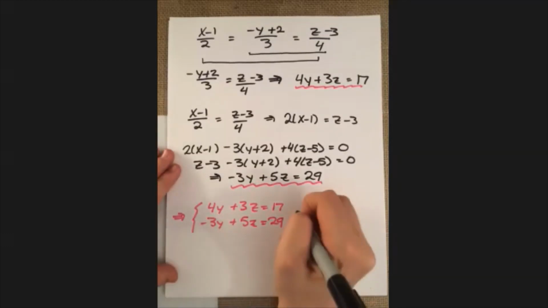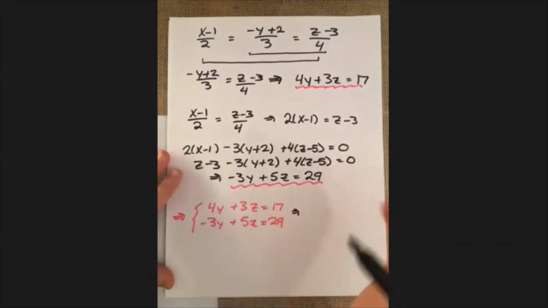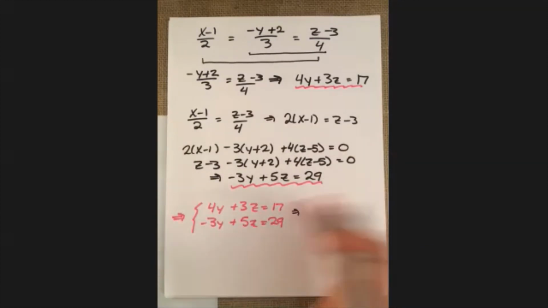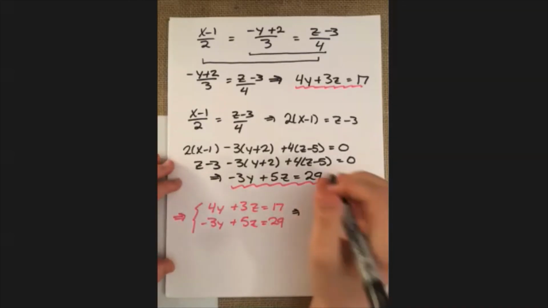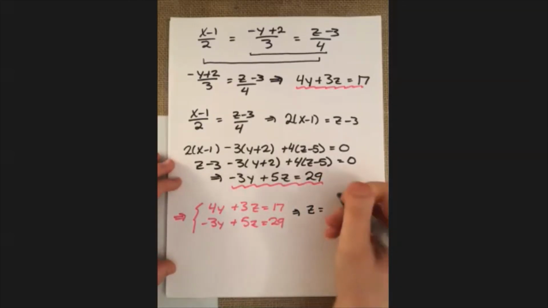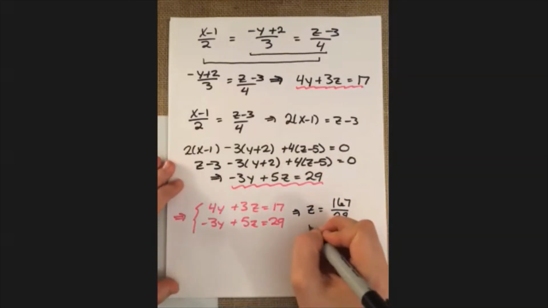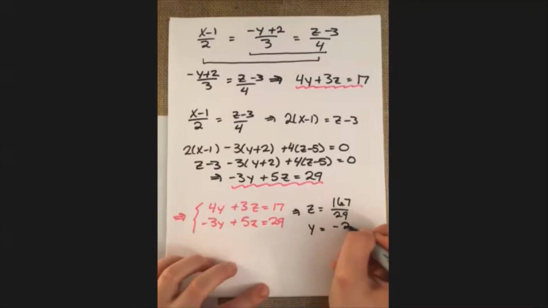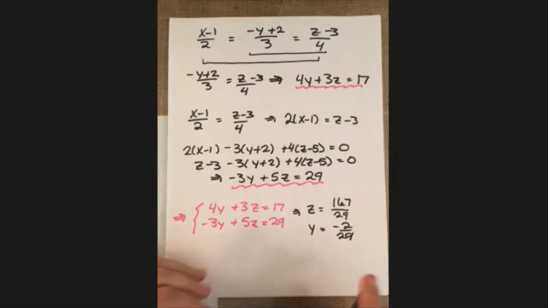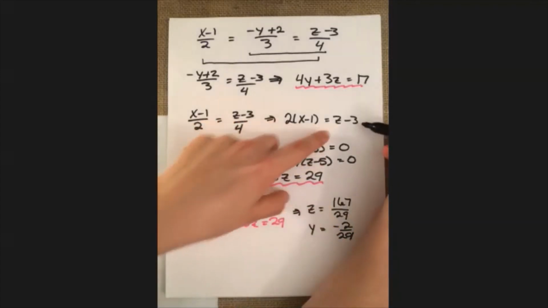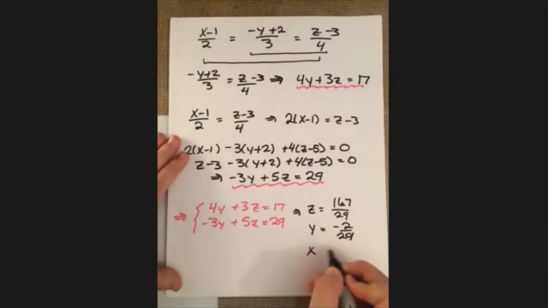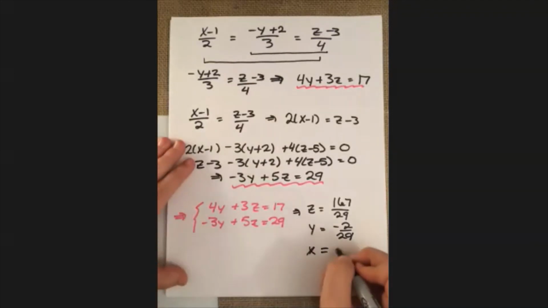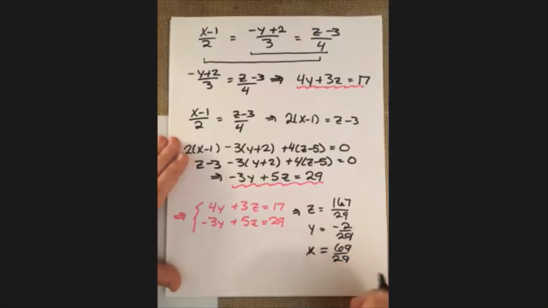Using just the standard algebra 2 techniques, you can use substitution, elimination, whatever suits you, you're going to get that z is equal to 167 over 29. And then plugging that in, you're going to get that y is equal to negative 2 over 29. And then if you take this value for z, plug it in here, solve for x, we are eventually going to wind up with the fact that x is equal to 69 over 29.